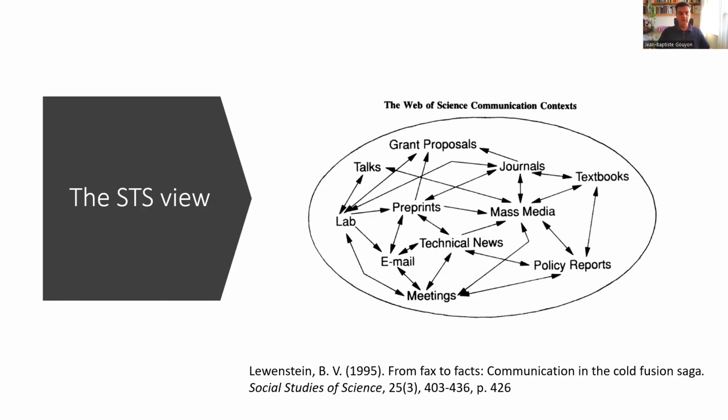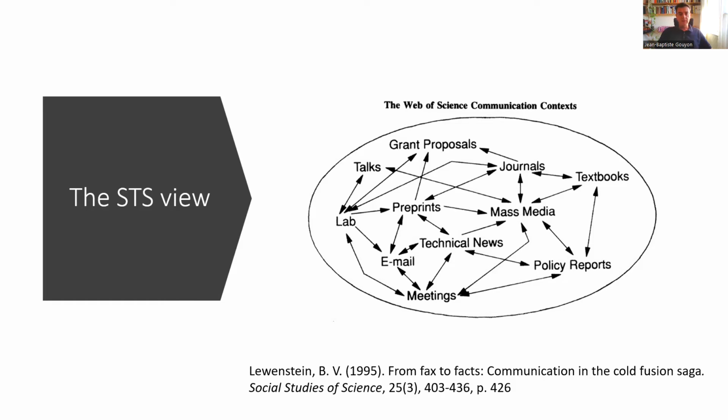There is, as you may imagine, an STS view of science communication, which is best summarized, I think, by this model, which we owe to science communication scholar Bruce Lewenstein, and which was published in 1995 in a paper about the cold fusion story, which happened in 1989.